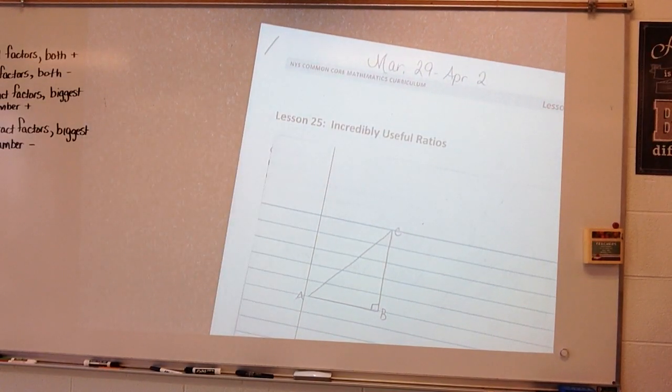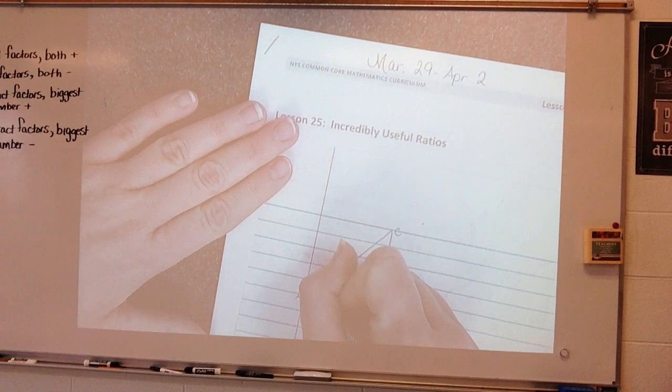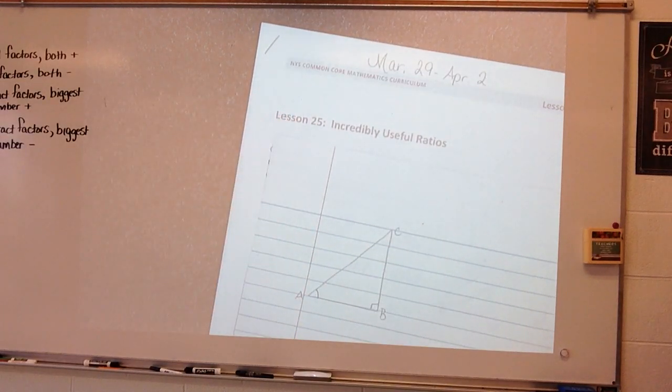Of the two acute angles, we're going to focus our attention on labeling angle A. So we're going to mark angle A in the triangle with a single arc. With respect to the acute angle A of a right triangle ABC, we identify the opposite side, the adjacent side, and the hypotenuse as follows.